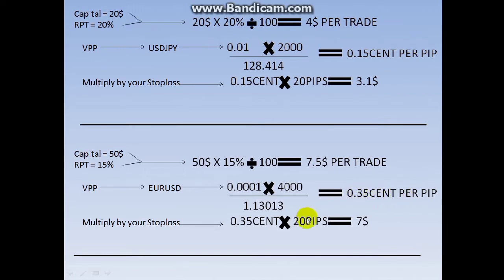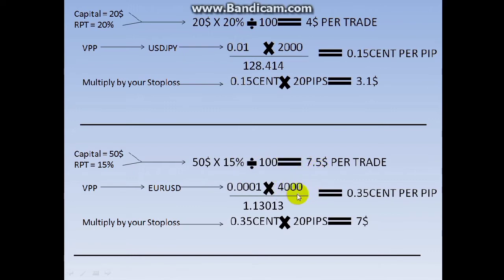Now you multiply the value of each pip times the total number of pips in your stop loss. In this case, we have a 20 pips fixed stop loss. I'm using a fixed stop loss, but your stop loss is going to vary. If you have more than maybe 30 pips stop loss, the best thing to do is to reduce your lot size.